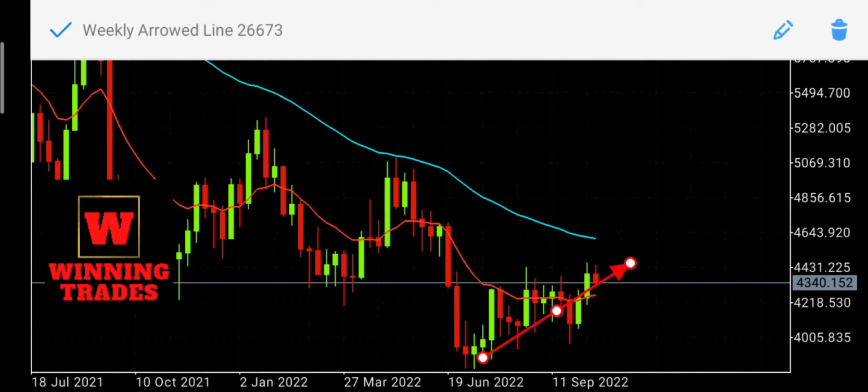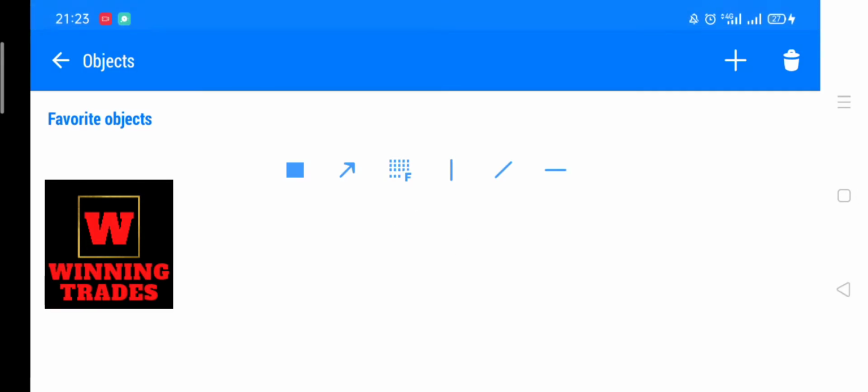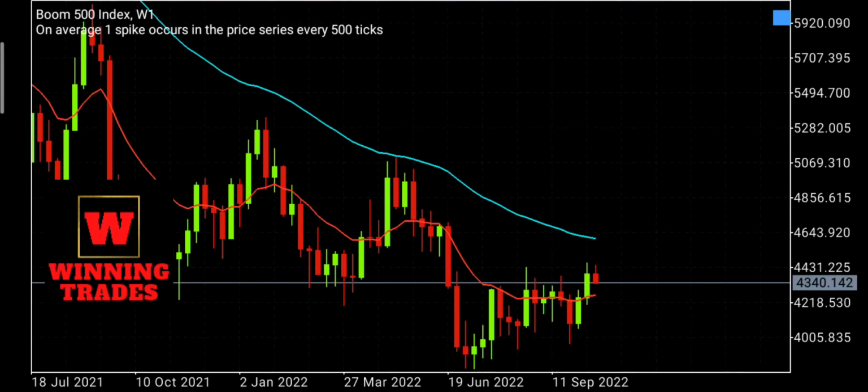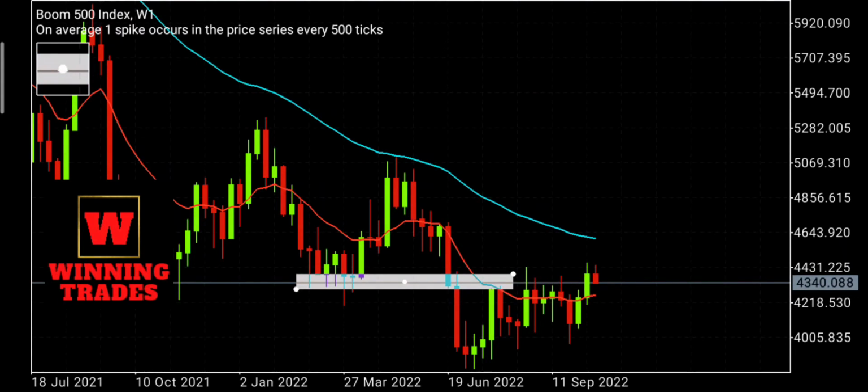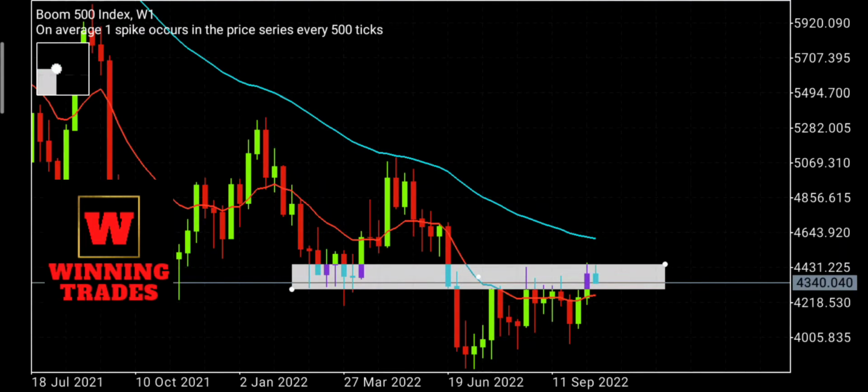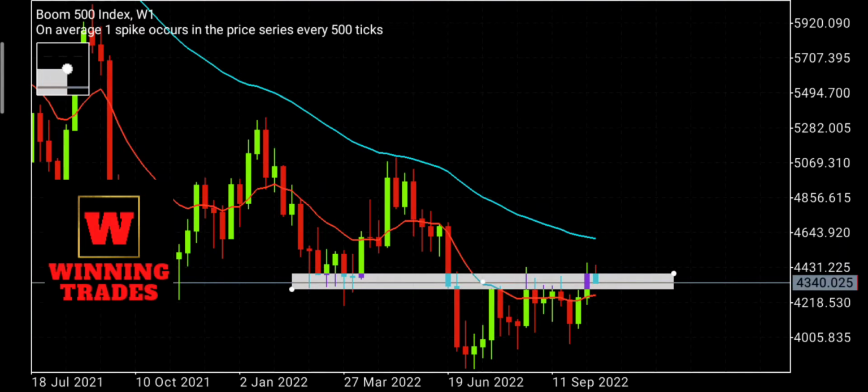Currently, it's being rejected at this point here, which is a consequence of this resistance zone, the strong resistance.